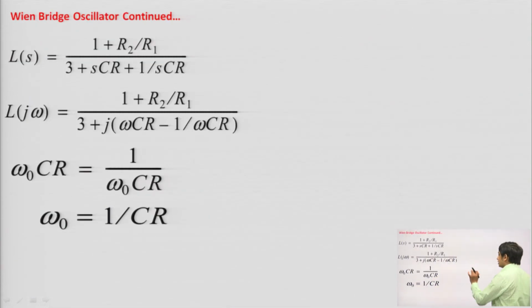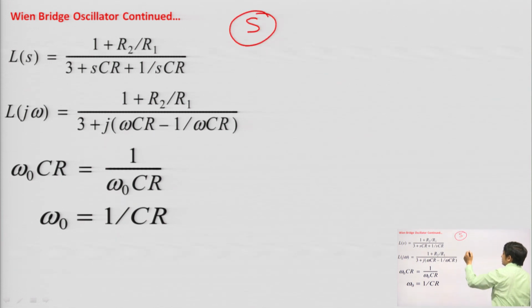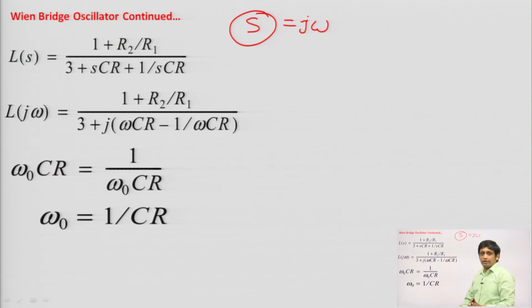Now, after putting all the values, obviously, since there is a capacitor, we will get the expression in S, where S is equal to j omega. So, just solve it, and after rearranging the terms, we will get this expression: L s is equal to 1 plus R 2 by R 1 upon 3 plus S C R plus 1 upon S C R, where S is equal to j omega.